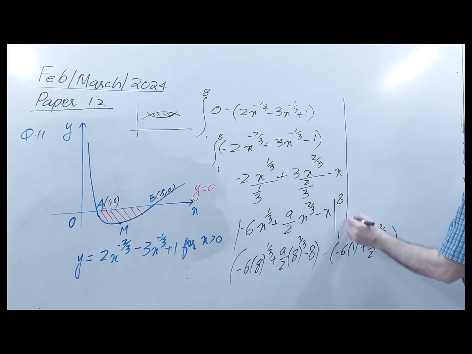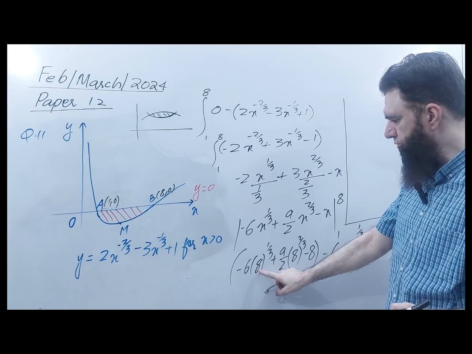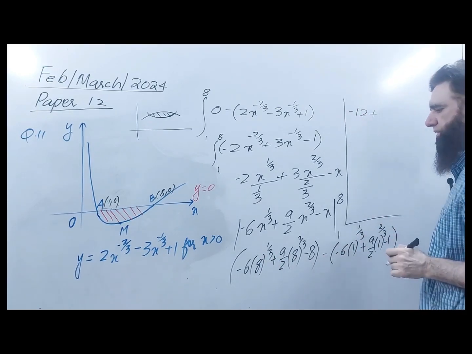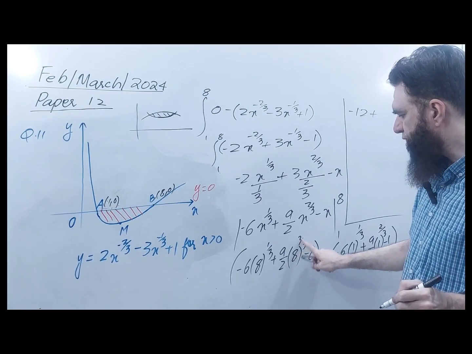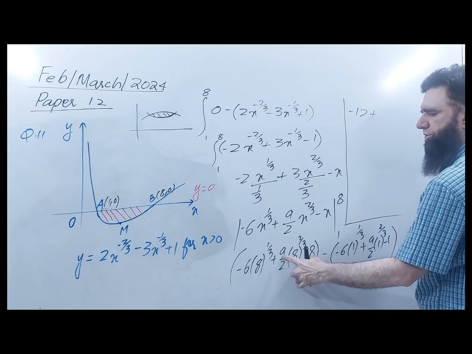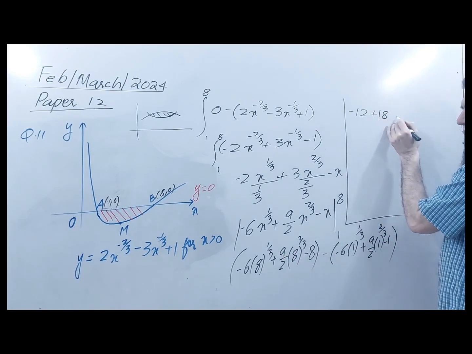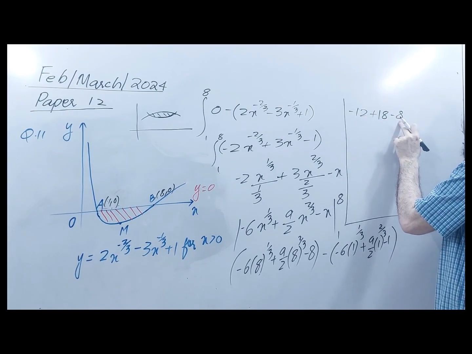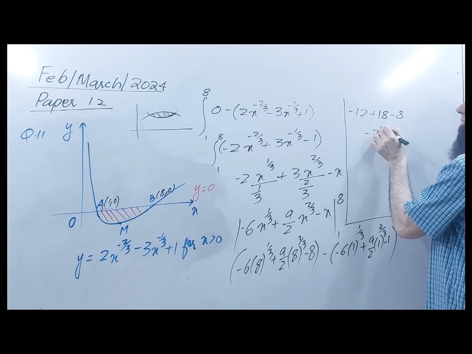Now let's simplify it. 2 cube cancels out, so it becomes minus 6 2s are 12 plus, this is 4, 9 4s are 36 divided by 2 is 18, and minus 8. Minus 12 and minus 8 is minus 20. Plus 18, this is minus 2.